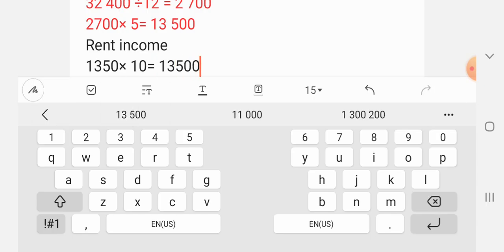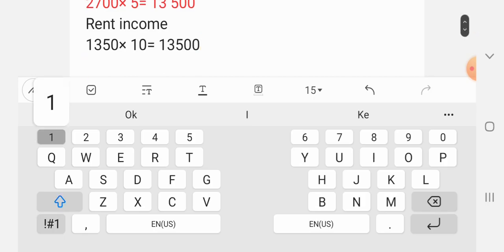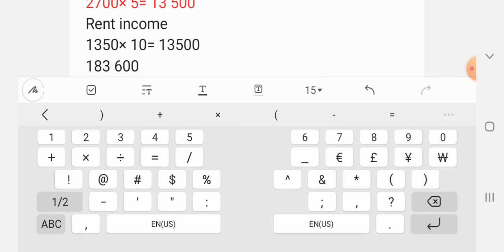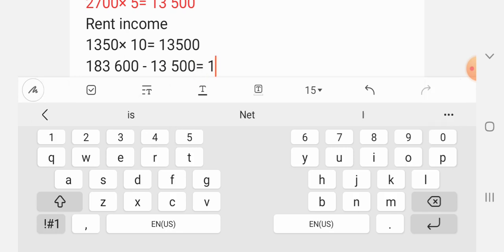So these 10 months are from the 1st of March until the end of December. And then we'll take 183,600 and subtract 13,500 rand. That will give us 170,100.